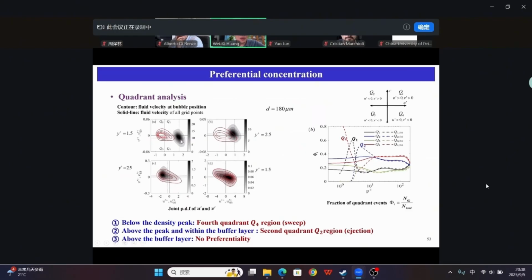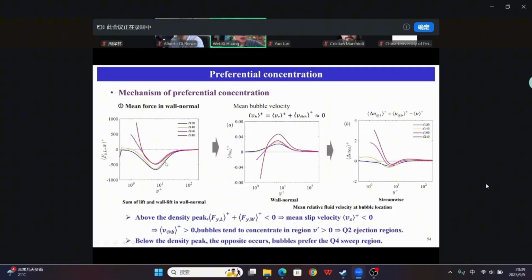Also, if we check the quadrant analysis very near the wall, for the bubble velocity, it is concentrated in the fourth quadrant, related to the sweep event of the near wall turbulence. Above the peak, it is the second quadrant, related to the ejection event of the wall turbulence. In between, from Q4 to Q2, it will show the Q1 event.